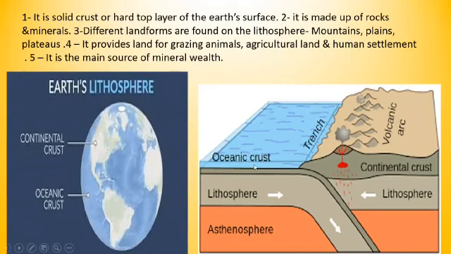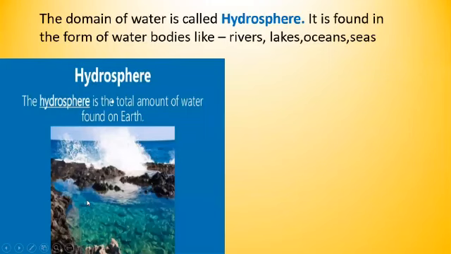It is divided into two groups, the oceanic crust, which is land under the sea, and the continental crust, which is land on the continent. On the land, you can graze animals, do agriculture, settlement, construction. The lithosphere is the main source of mineral wealth.